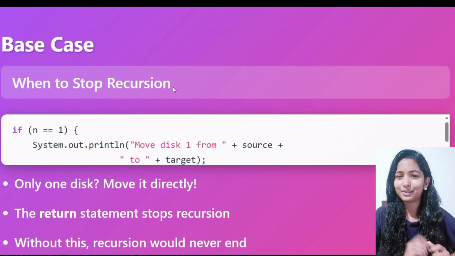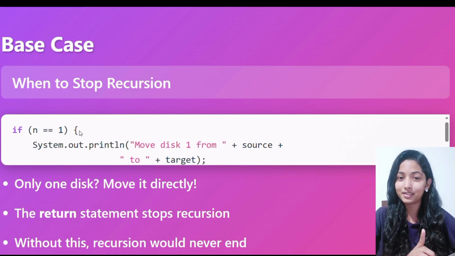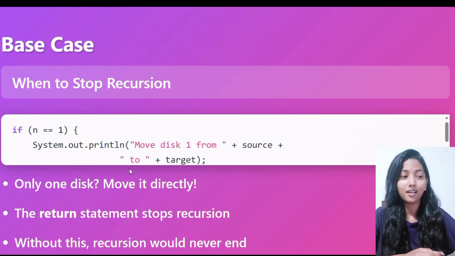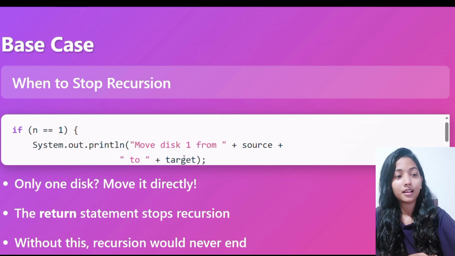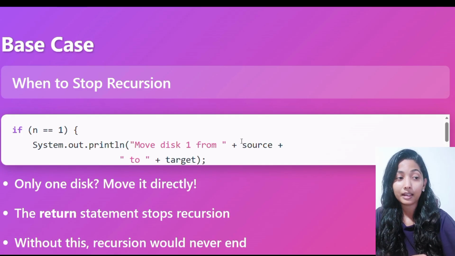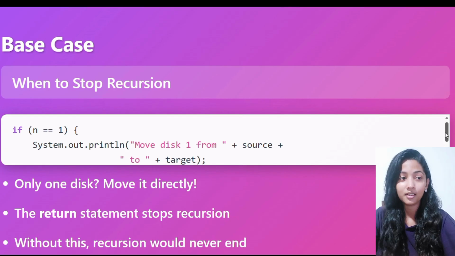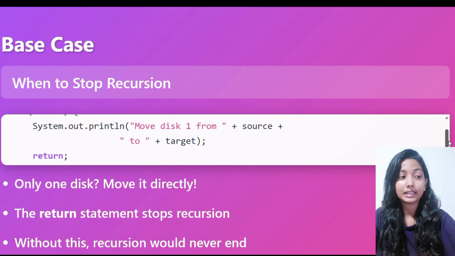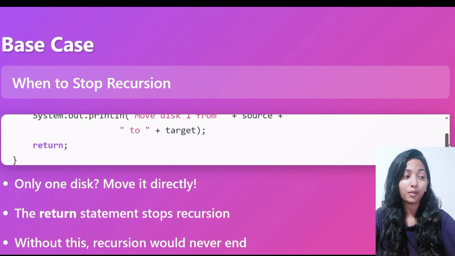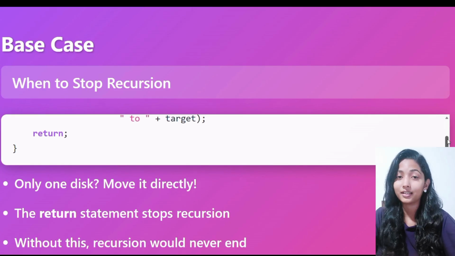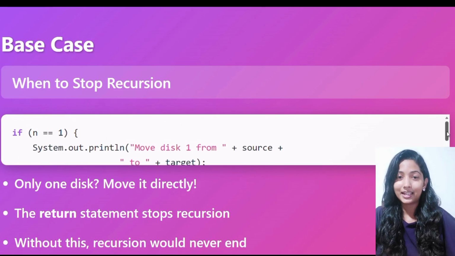The base case. Now we know what the base case is. When we have one disk, we can move it directly to the target peg. So here we have: if n equals 1, System.out.println, move this one from source to target. That's what I said.